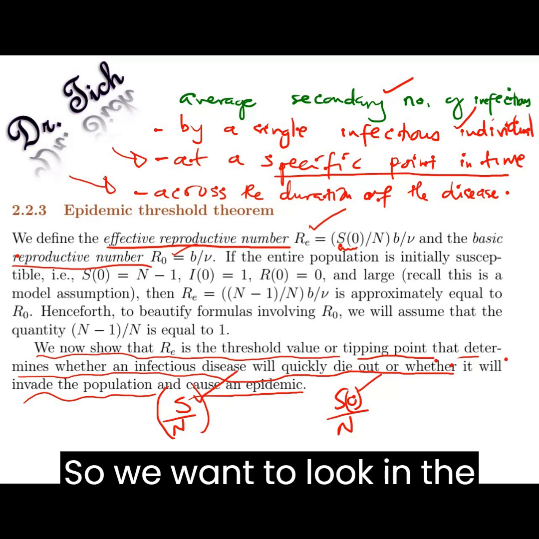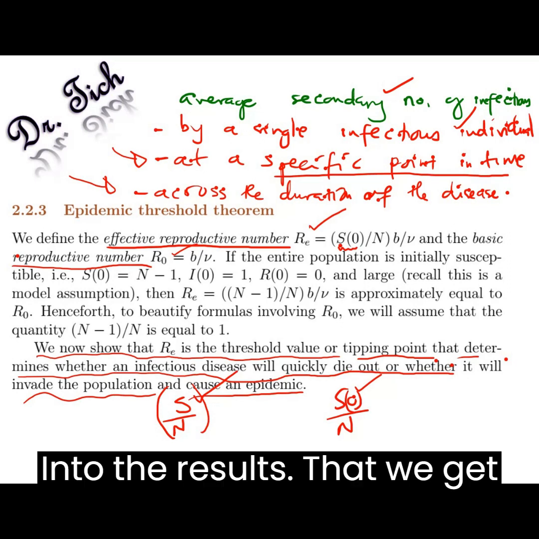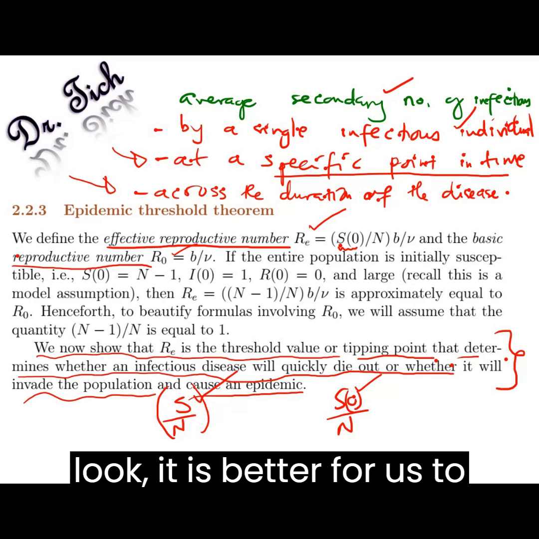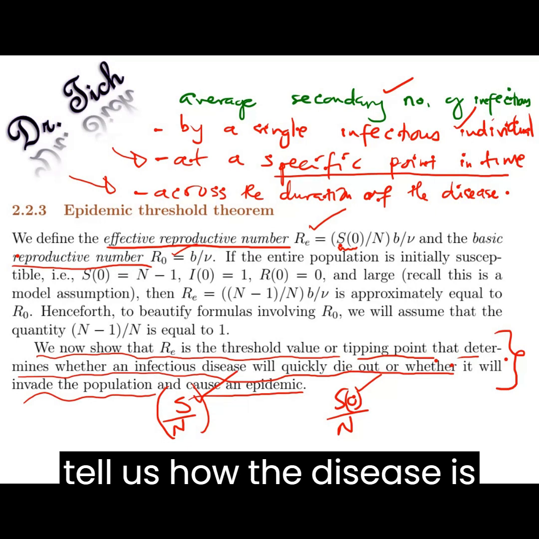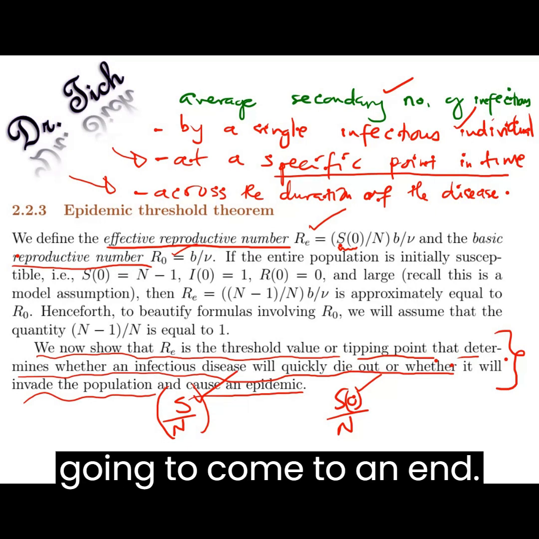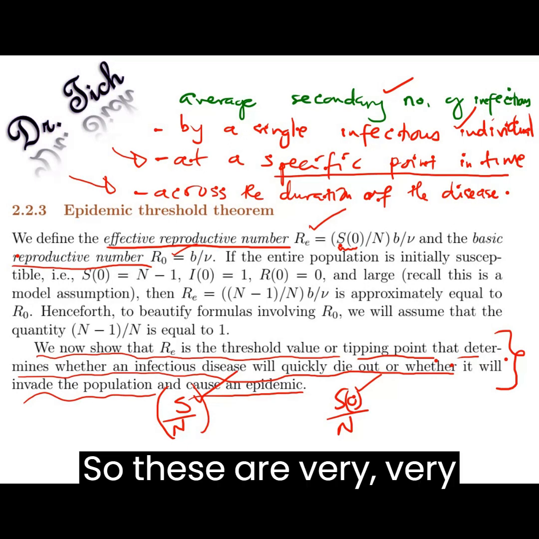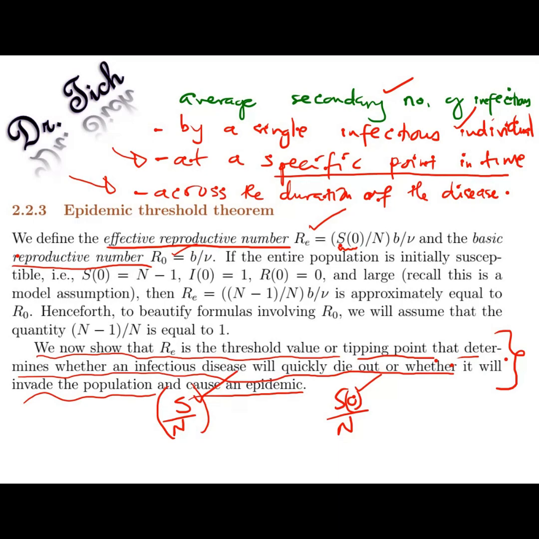In the next section we look at the results from that proof, which show that it is better for us to focus on RE, which will tell us how the disease is going to come to an end. These are very important measures, and you are going to see that in the next video.